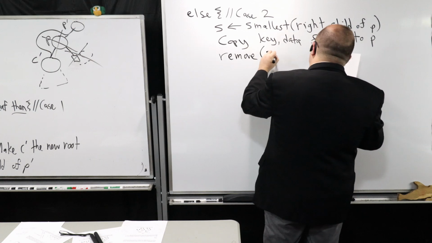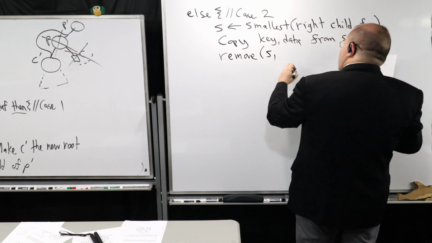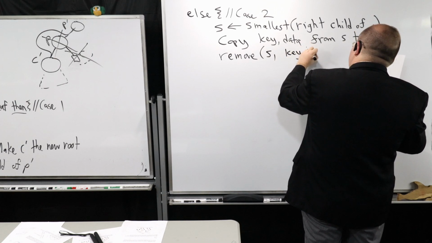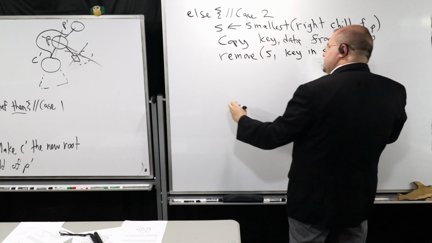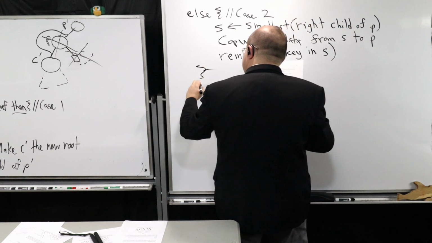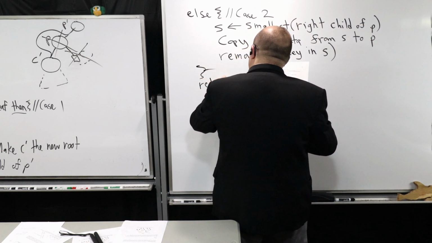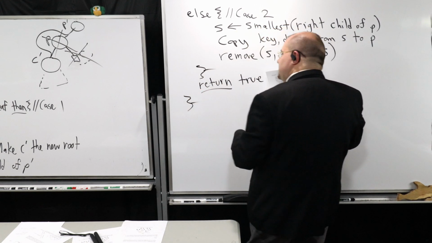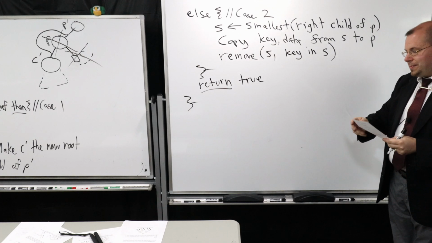So then all you do is you just call recursively on S, but you're going to use the key in S. Oh yeah, I also have to return true after the else block. So after the else block, I'm going to return true. And that's the end of the remove algorithm.